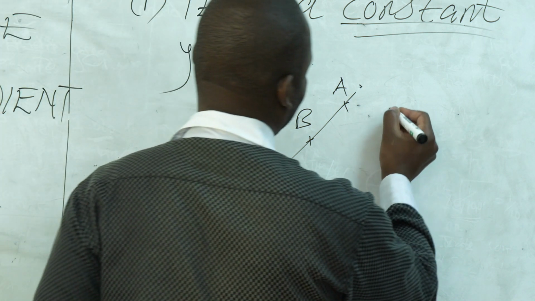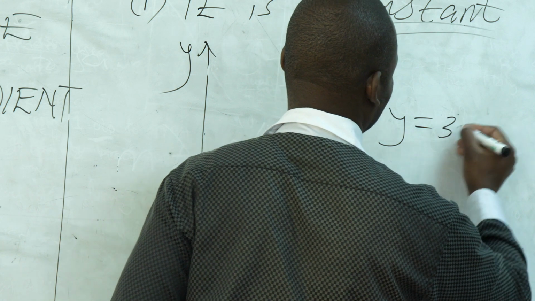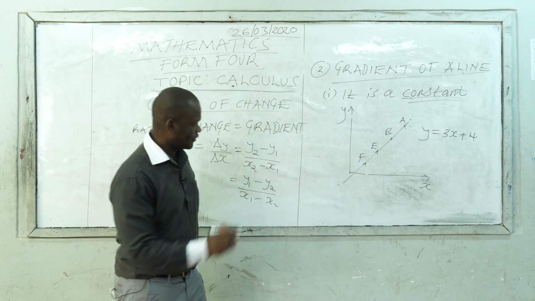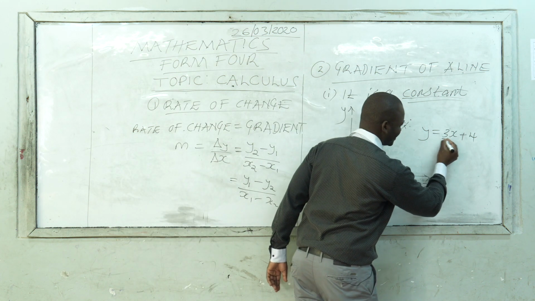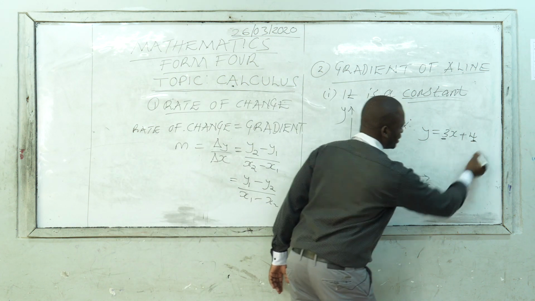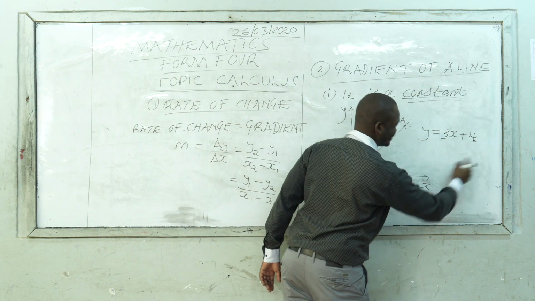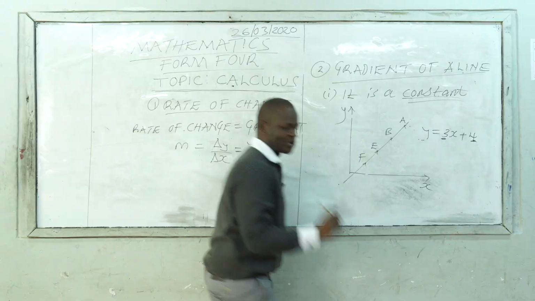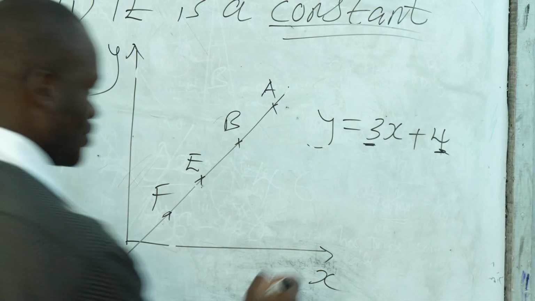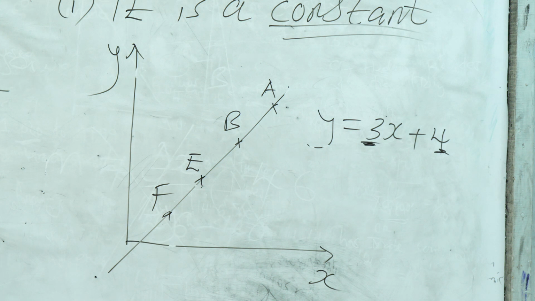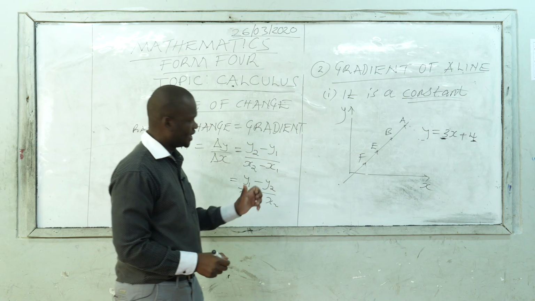We know such a line, y is equal to 3x plus 4. From your Form 2, this is the gradient, this is the y-intercept. For this line, if you use any points on that same line to determine the gradient, throughout you're going to get the value 3. So, the gradient of a line is a constant.